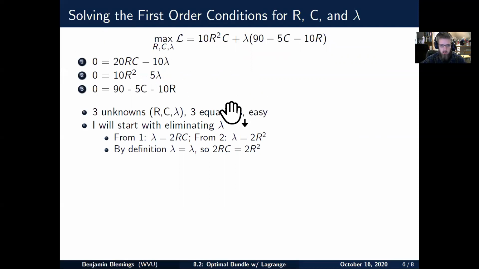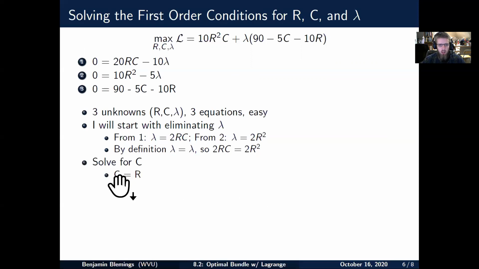From our second equation, we know that lambda equals 2r squared. By definition, lambda must equal lambda, so we can just set them equal to each other. Then we have a way to express r or c only in terms of the other variable. That's what I do next.